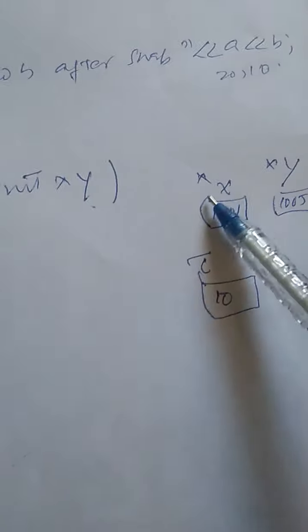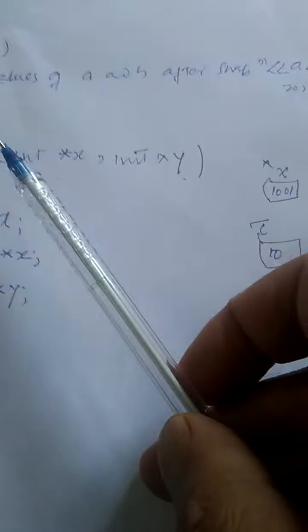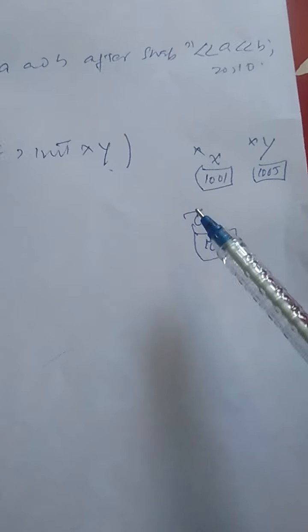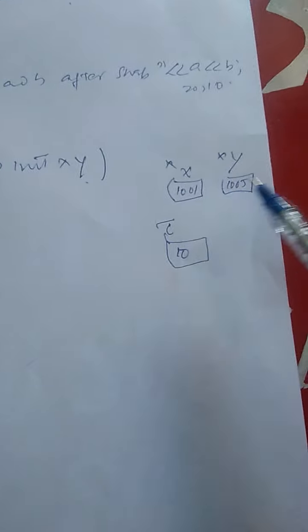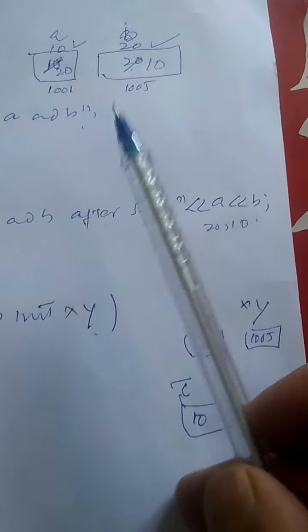These are not ordinary variables. These are pointers, they can store only addresses. So I have passed the addresses 1001 and 1005. This 1001, the address of a, will be stored in the first pointer x, and 1005, the address of b, will be stored in pointer y.